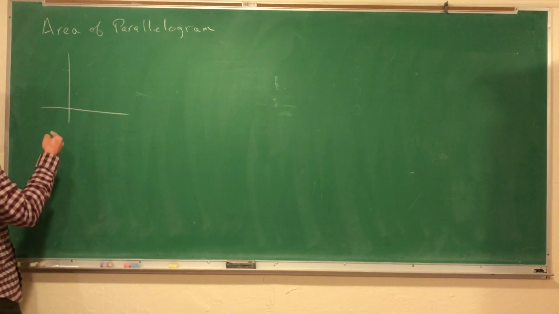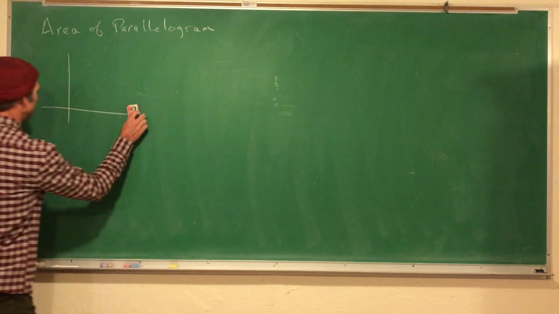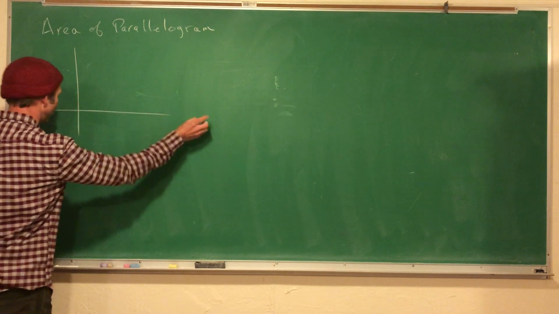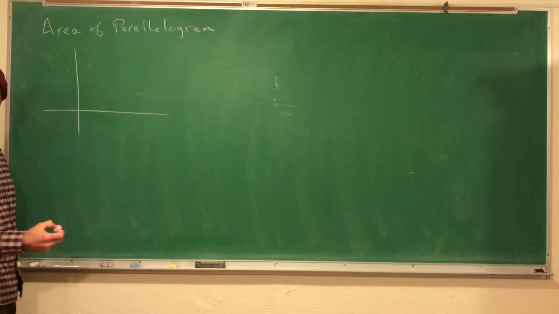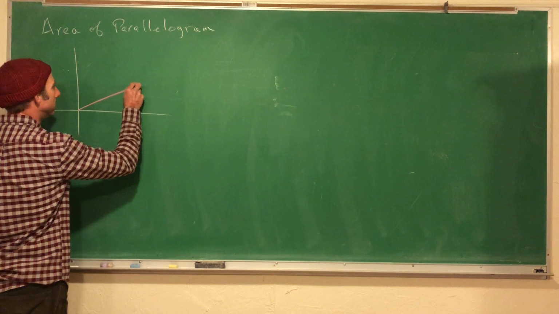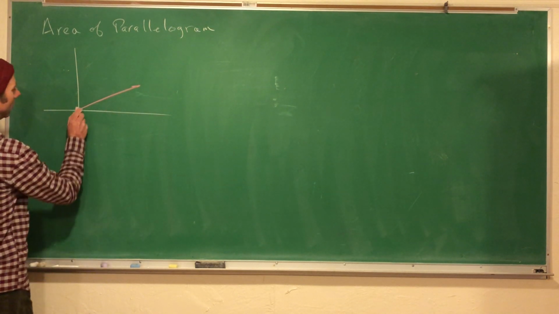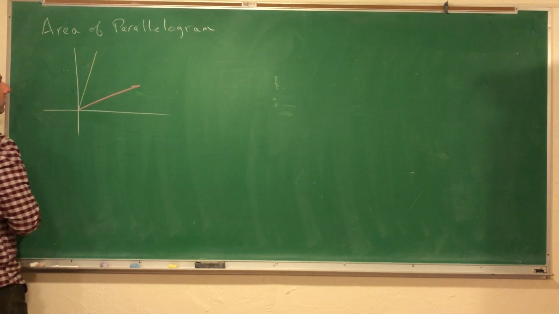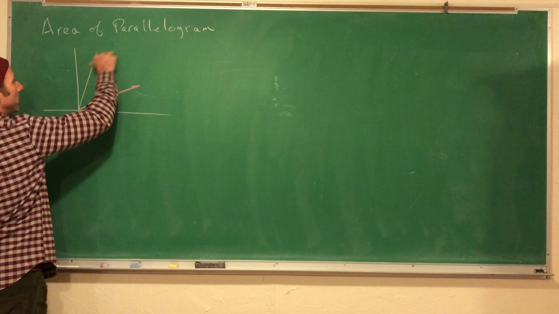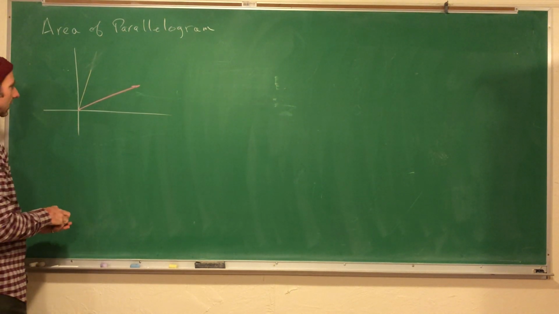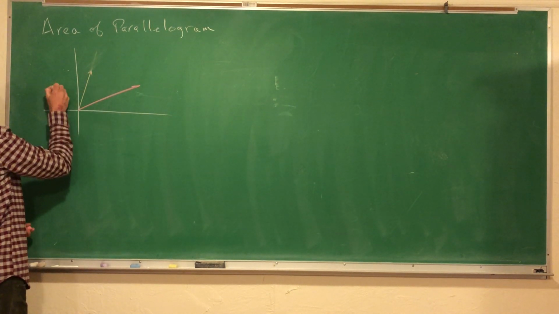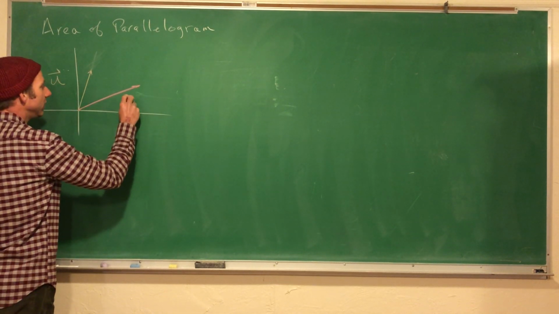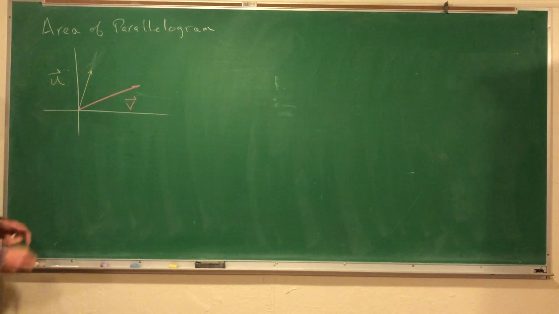So if I have a coordinate system, a set of Cartesian coordinates, and I have some vectors on here. We'll do that vector, and we'll do that vector. This one a little shorter. Okay. And we can call this U and V.